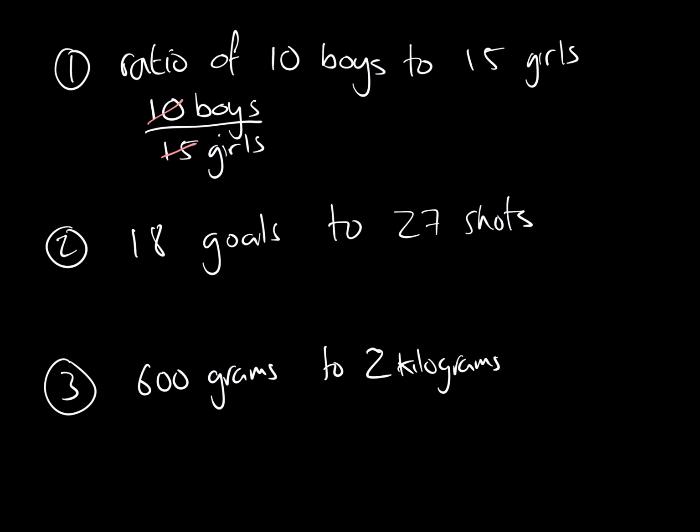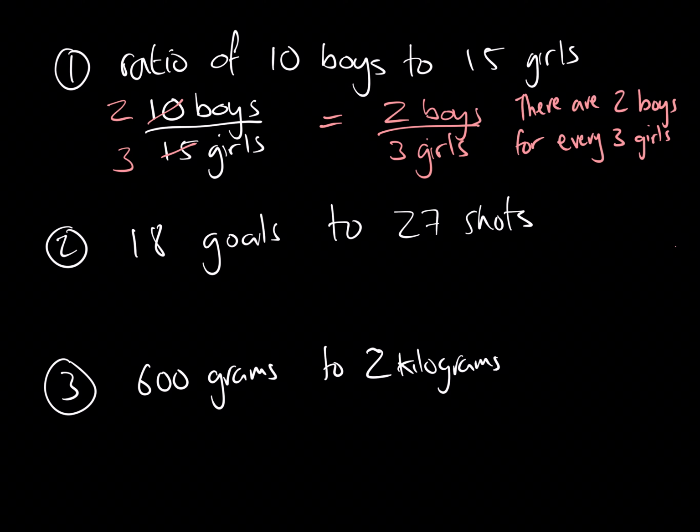So there are 2 5s in 10, and there are 3 5s in 15. So this shows there are 2 boys to every 3 girls. And in the exam, you can write your answer like this, or like this, or like this. There are 2 boys for every 3 girls.